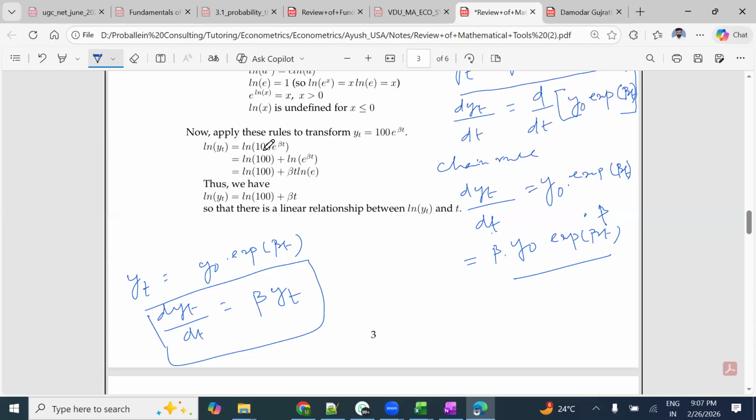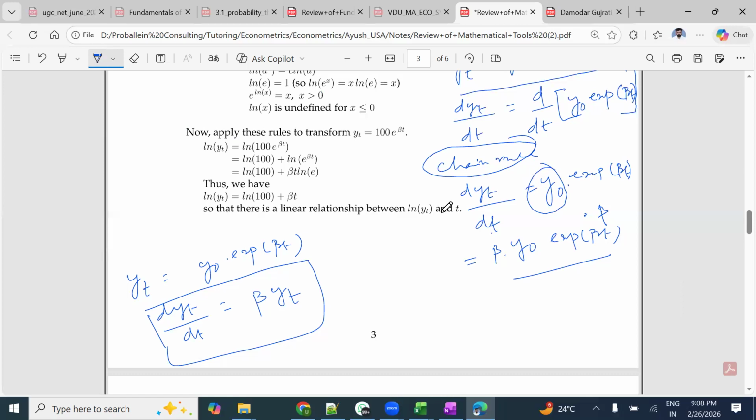Where is the problem? Bhakti ma'am, can you just explain? Where is the problem, Ajay? Sir, we applied the chain rule there after this line: beta into y naught exponential of bt. If you apply the chain rule, what is the problem over here?